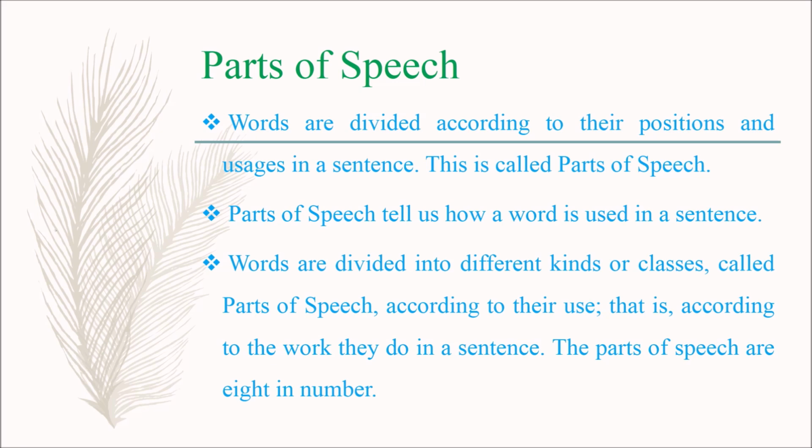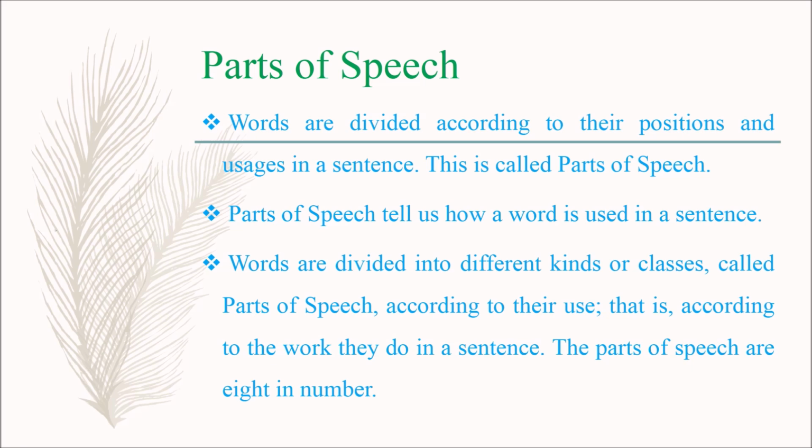Usually, parts of speech tell us how a word is used in a sentence. In other words, words are divided into different kinds or classes called parts of speech according to their use, that is, according to the work they do in a sentence.